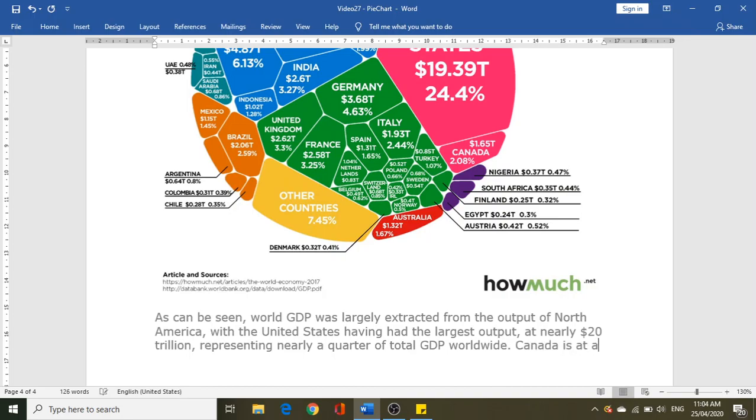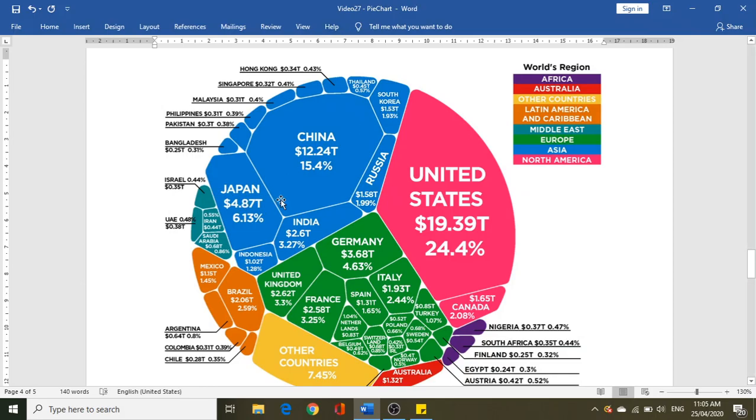Canada is at a distant second, at only 2% of world GDP, or 1.65 trillion. And that's the end of it for the Americas. And then we'll now proceed to Asia.